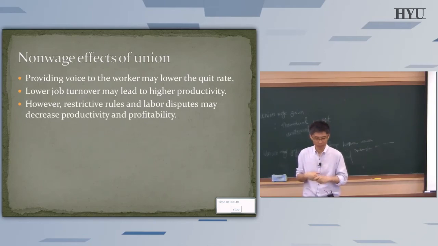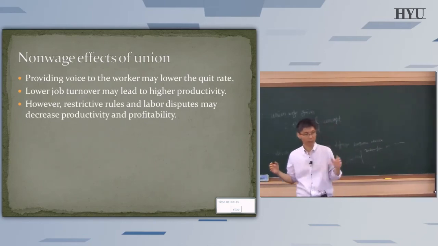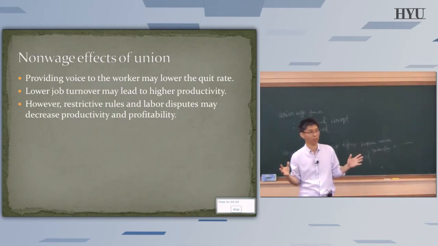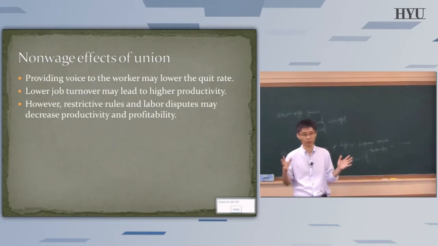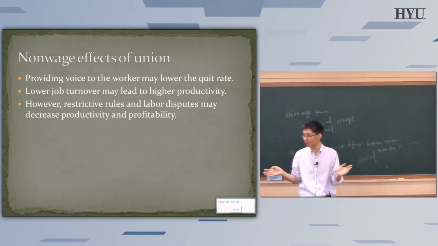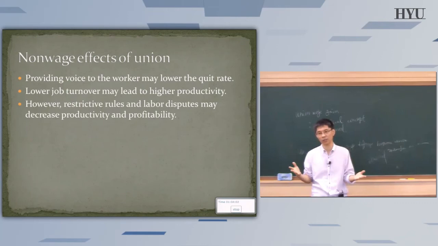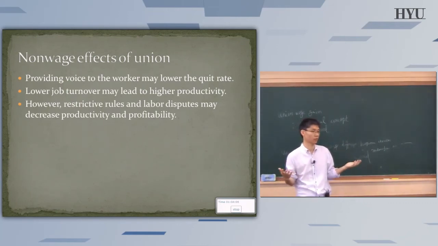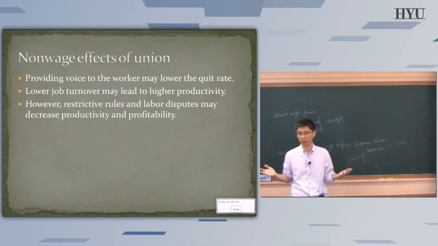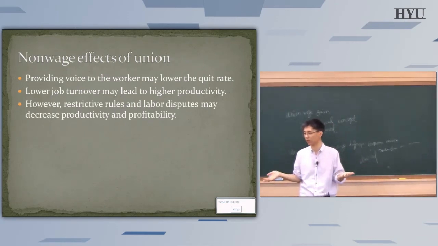One possibility is, for example, that if this company has a union, high-ability workers generally want to work for the unionized firm. Why? If everything else is equal, if you work in the unionized firm and you join the union, you can enjoy higher wages, better working conditions, more job security.